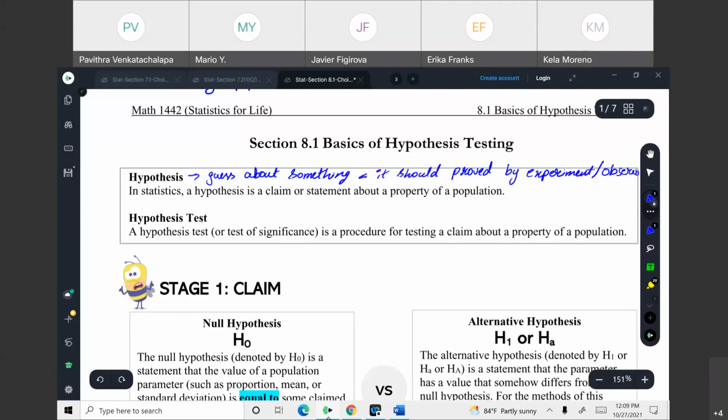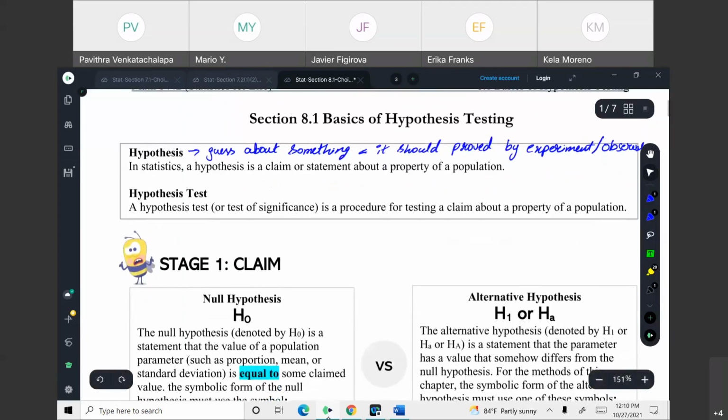Say you find out a vaccine for COVID-19, and if you guess that it will work, it will cure, then you have to prove that by experiment or observation. Okay, so that's the simple definition of hypothesis.